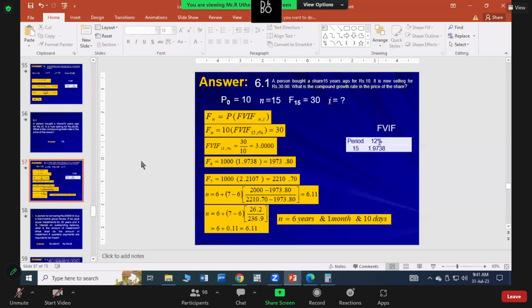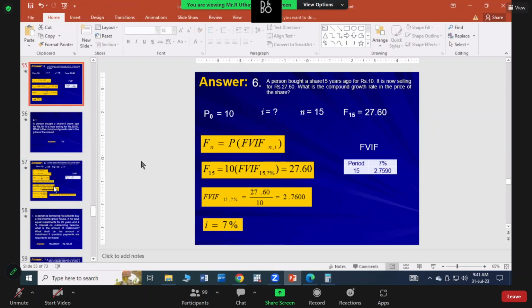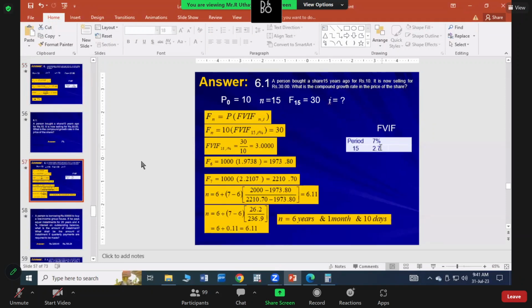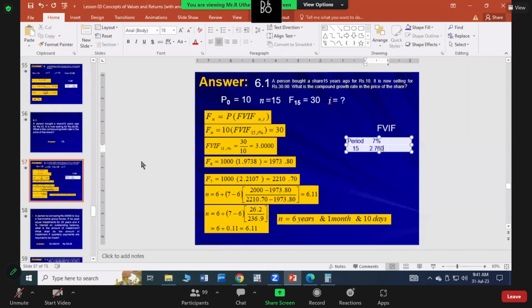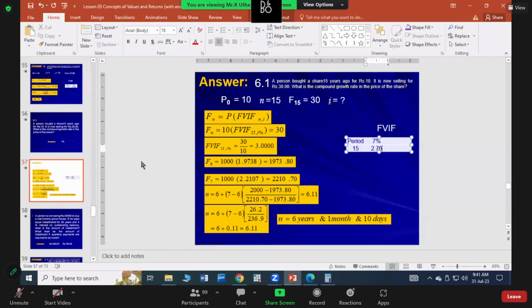So you want to set that at 7%. At 7%, you can get a value of 2.7590.